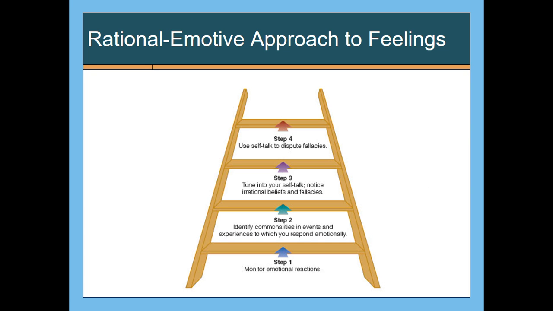Okay, so the rational emotive approach is what we just talked about on the last slide. So here are the steps to this approach. The first is to monitor your emotional reactions. I'm going to use the example of someone being nervous around their boss. The first step is to monitor what happens. So it's those physiological responses that we talked about before in that first viewpoint of emotion.